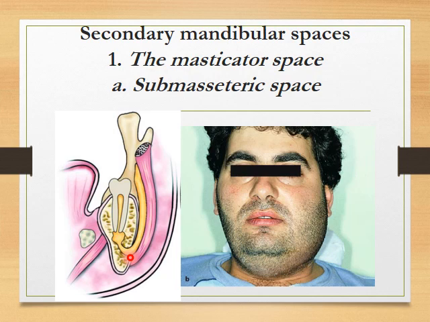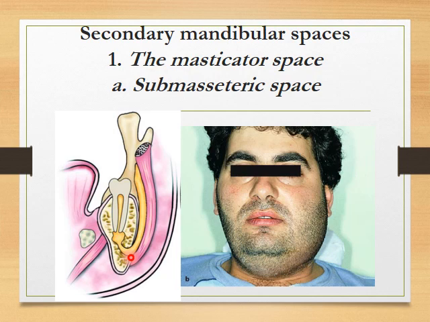So in the case of submasseteric space, the infection usually comes from the buccal space or from soft tissue infection around the third molar, pericoronitis. Occasionally, an infected mandibular angle fracture also causes submasseteric space infection. The connections of this space are with the buccal, parotid, and the rest of the masticator spaces.